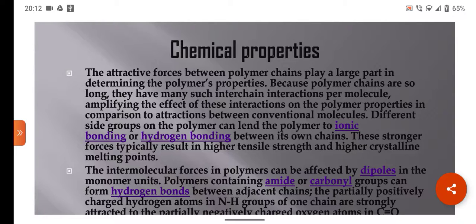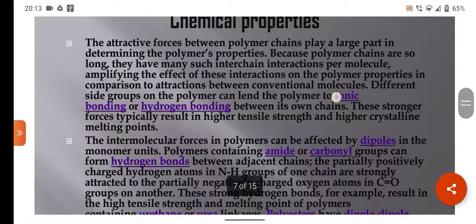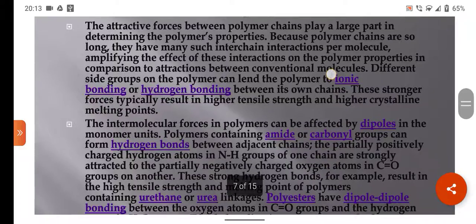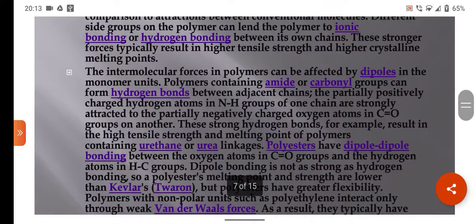The partially positively charged hydrogen atoms in N-H groups of one chain are strongly attracted to the partially negatively charged oxygen atoms in C=O groups on another. These strong hydrogen bonds create the high tensile strength and melting point of polymers containing urethane and urea linkages.